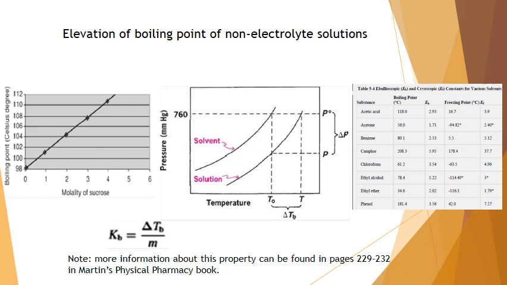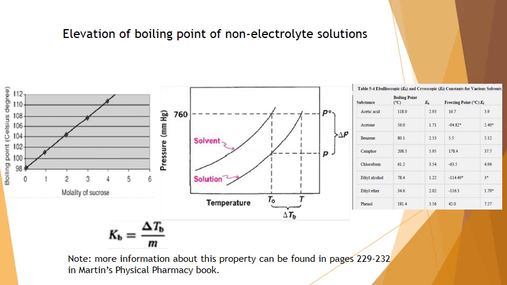It should be noticed here that for each kind of solvent the situation will be different, because the calculation of the elevation in the boiling point, delta TB, equals KB, the ebullioscopic constant, multiplied by the molality, which is the concentration expression of the solute.